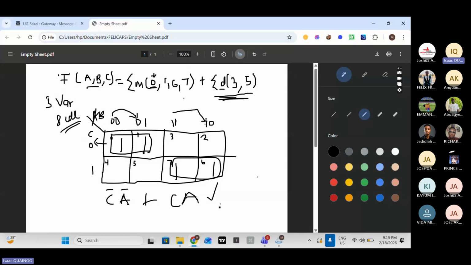So if you use the other way, I believe you derive an expression of, please, what was the expression that we had? A prime B prime plus A prime B prime plus AB.